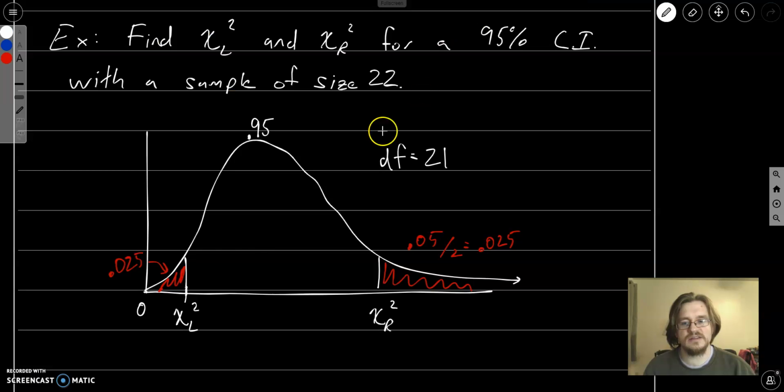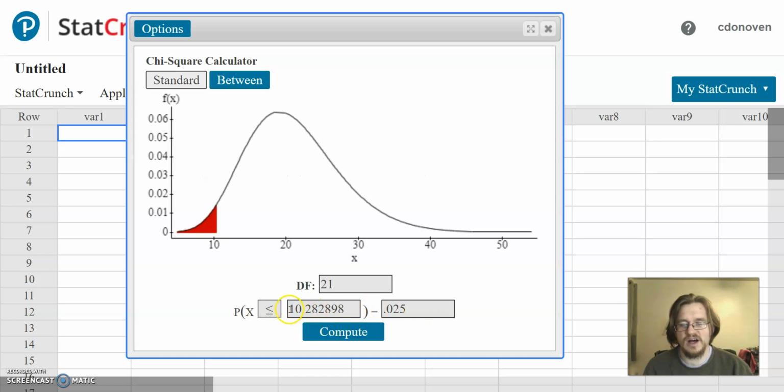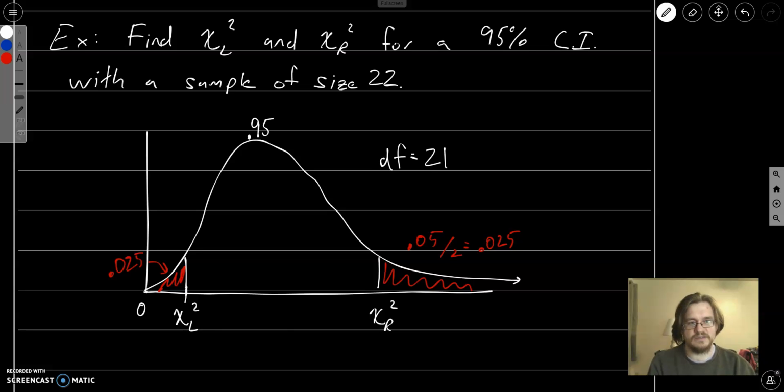And we want, for instance here, to find the area to the left of this value to be 0.025. So coming back to StatCrunch, we want the area to the left to be 0.025, and when we compute this, we get 10.28. So after using StatCrunch, we found that this is going to be equal to 10.28.